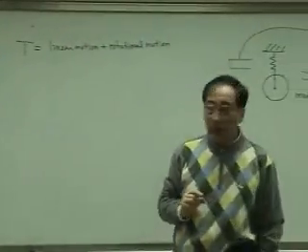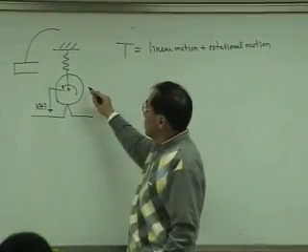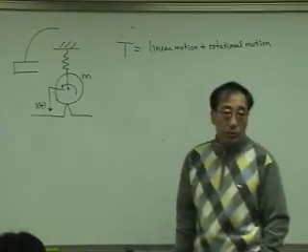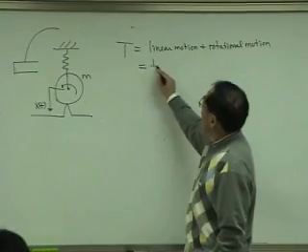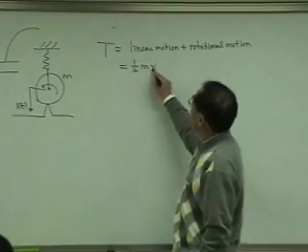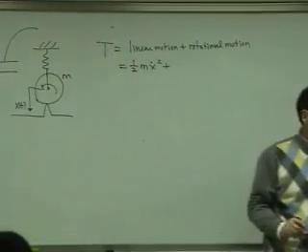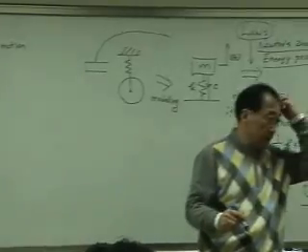What is the kinetic energy of this suspension system due to linear motion? If I say the mass of this wheel is m, then this must be 1/2 m x dot squared. And then what about the kinetic energy due to the rotation?